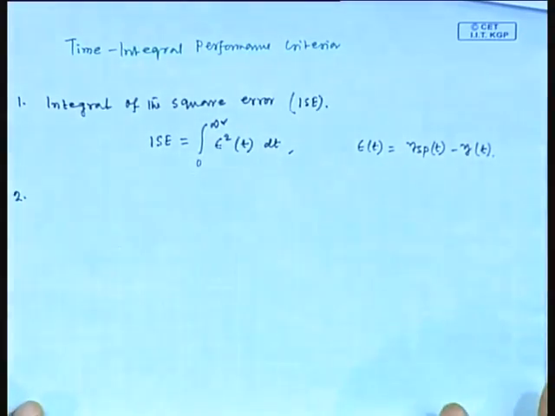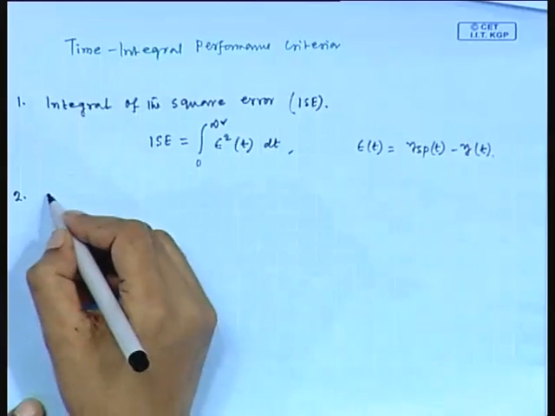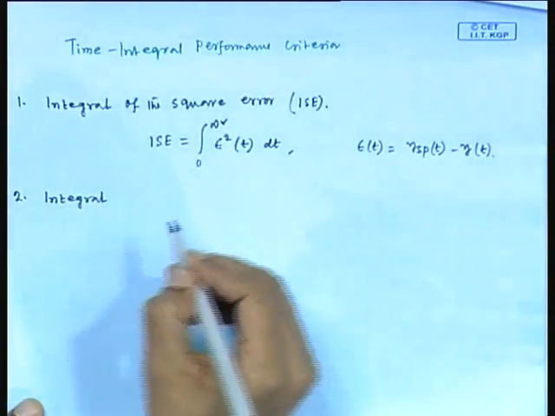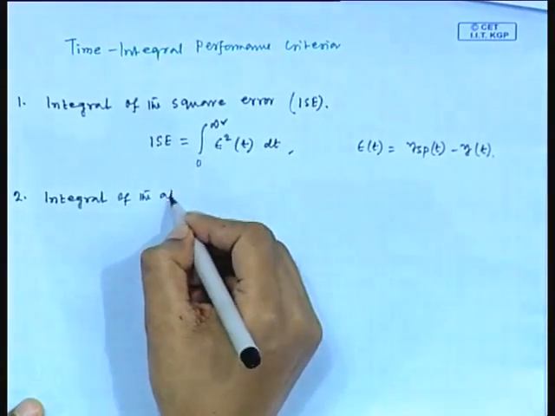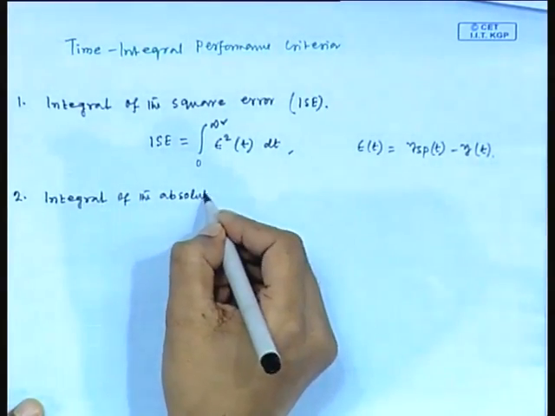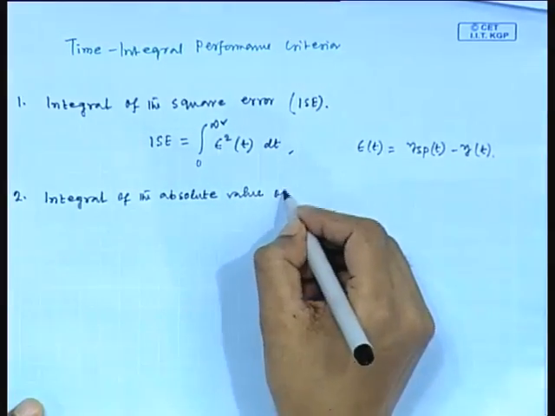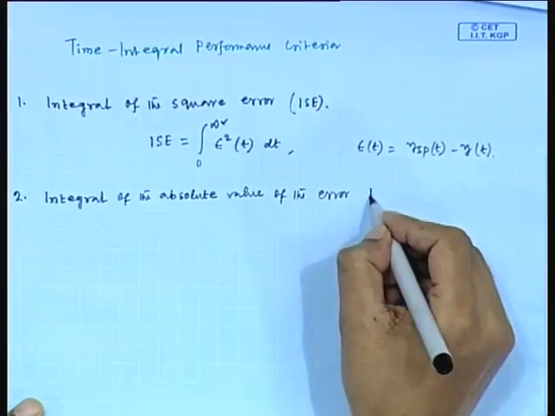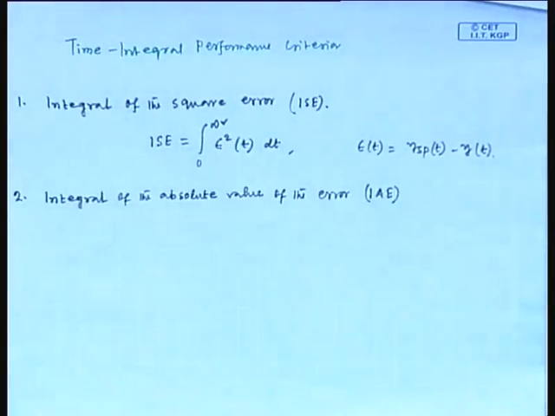Another time integral criterion is the integral of the absolute value of the error, IAE.